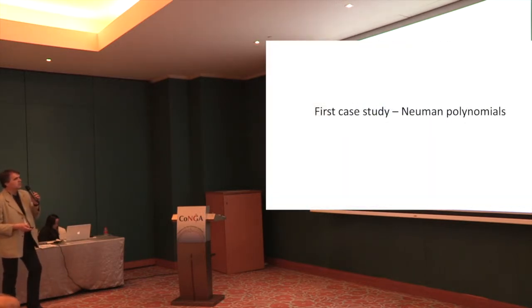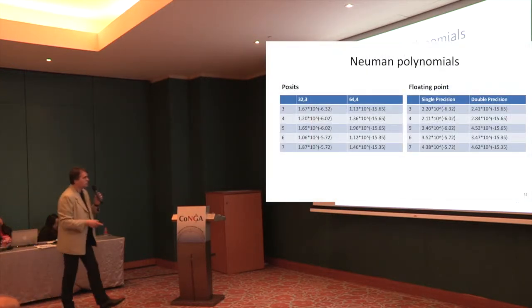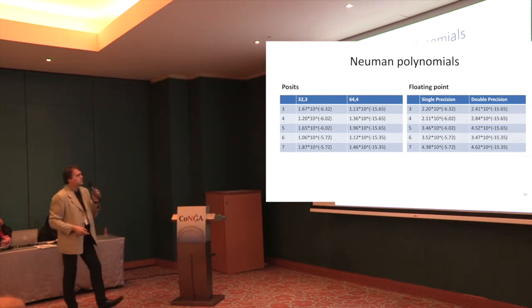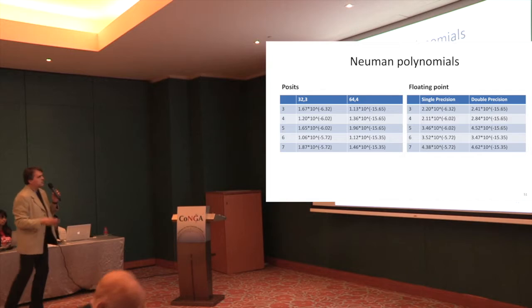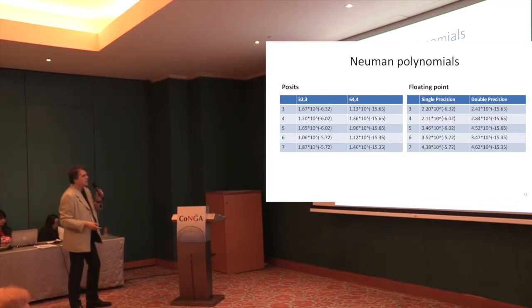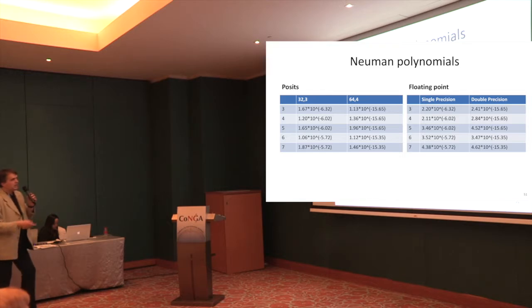And here is the result. In the case of Neumann polynomials, for posits and for floating point, we use two different data representations: 32 bits with 3 regime bits, and 64 bits with 4 regime bits, for polynomials of small degrees 3, 4, 5, 6, and 7. In any case, the posit arithmetic offers better precision in comparison to floating point, for single precision and for double precision.